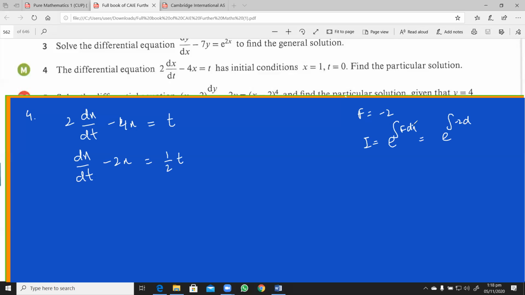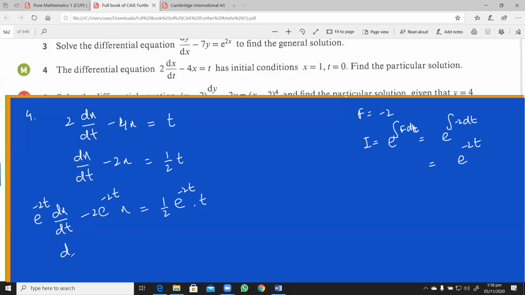So this is going to be e raised to power minus 2t. So this is e raised to power minus 2t dx by dt minus 2 e raised to power minus 2t x, equals half e raised to power minus 2t times t.